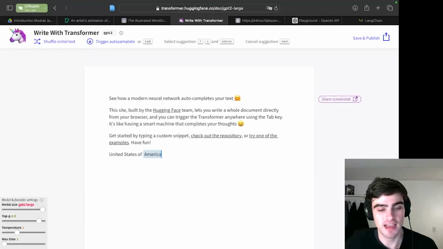This process of it predicting a word and me hitting tab and having it predict another word, given United States of America, what might someone say next? And me hitting tab again, and it predicting another word, and so on, is really what ChatGPT does.